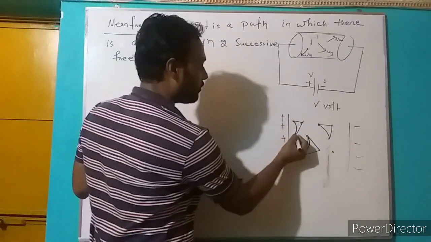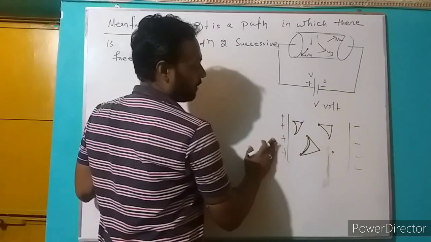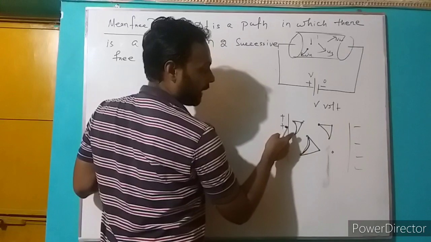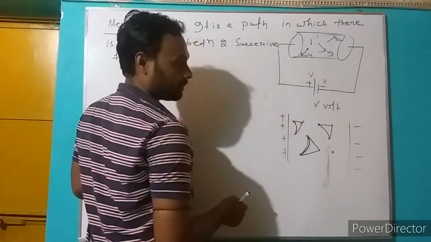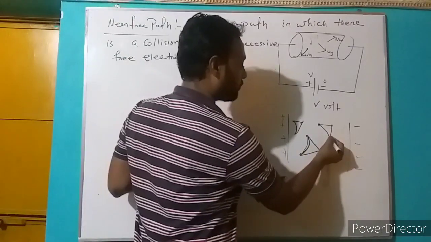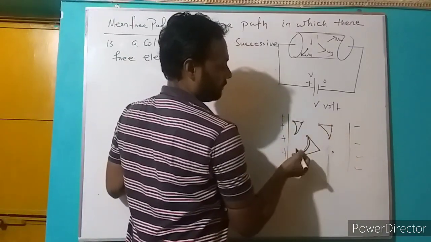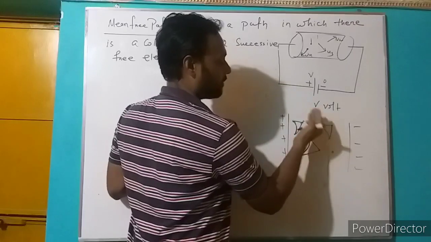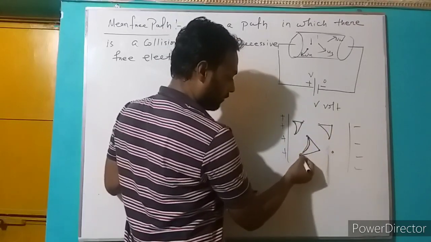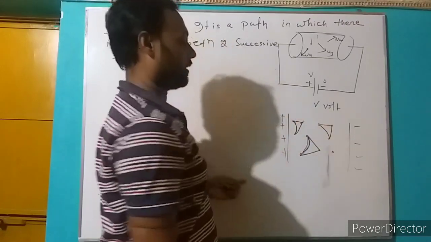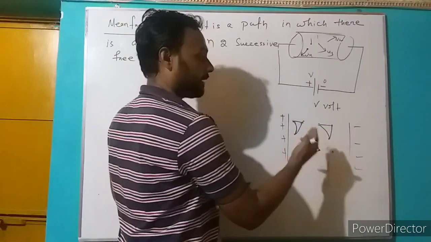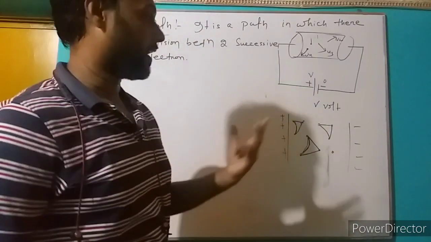This is also a free electron, and that is also a free electron. While we connect the battery, that electron collides with that electron by traveling a certain path. Clear? Similarly, that electron collides with that electron by traveling a certain path, and that path is known as the mean free path, or the time it takes is known as relaxation time.